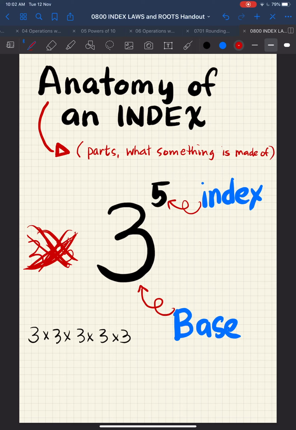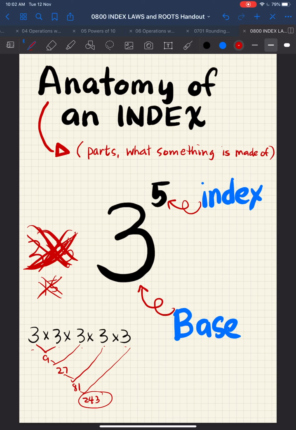This is 3 times 3 times 3 times 3 times 3, which is equal to 3 times 3 is 9, times 3 is 27, times 3 is 81, times 3 is 243. Not 15. Please keep that in mind.